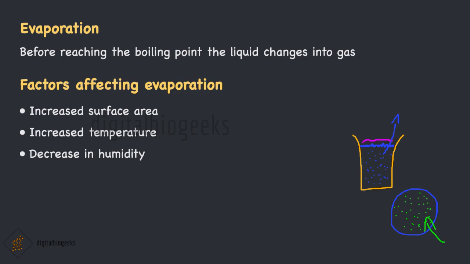If we try to dry clothes in high humidity, the surrounding air is not in a position to hold more water vapor. The water particles from the wet dress cannot evaporate and they won't dry so easily. As a result, the rate of evaporation decreases. When humidity is decreased, the rate of evaporation will increase.